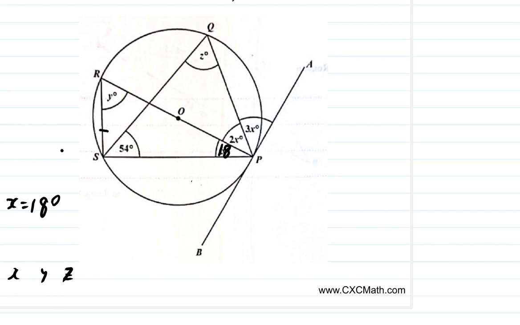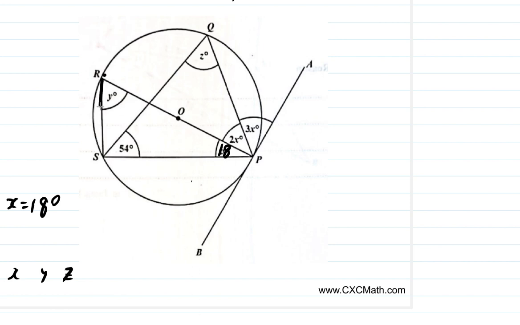What is this angle here? Now the thing is, what you have here are P, R, P, right, is a diameter to the circle.